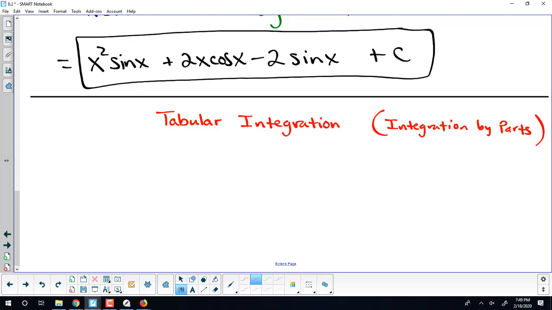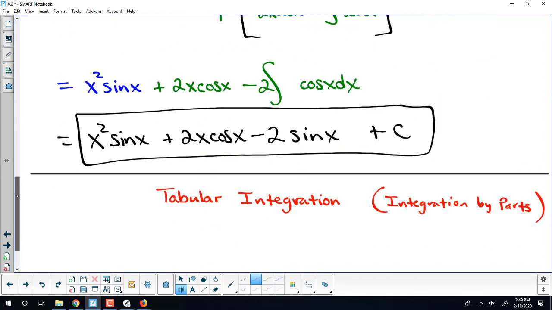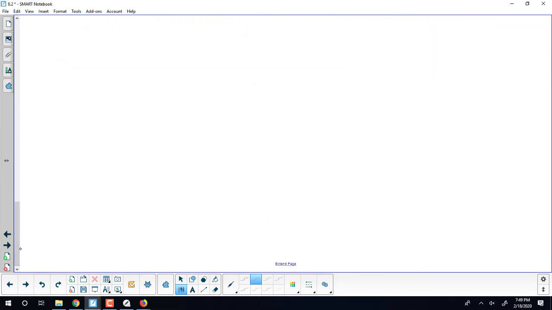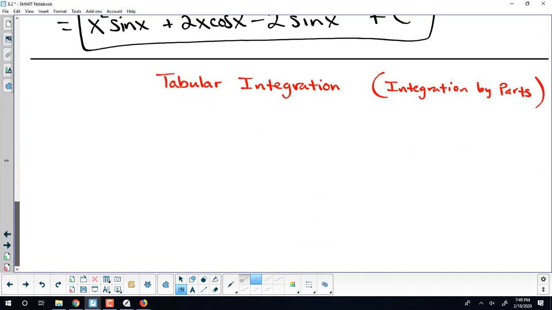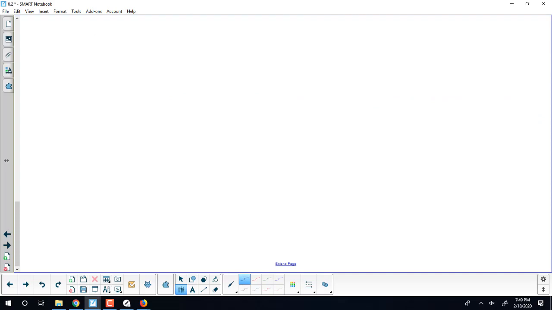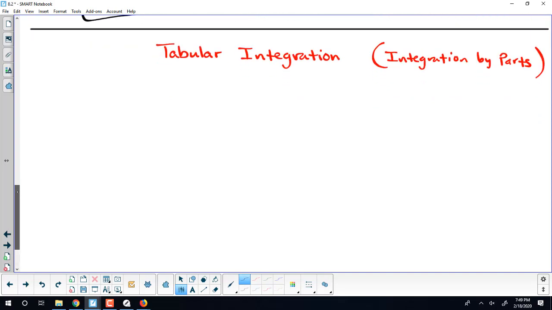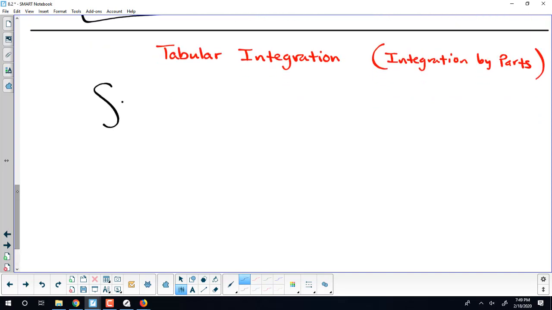So it's really just an expedited process of integrating by parts. And what do we have? We had x squared cosine x. So the process is kind of the same.